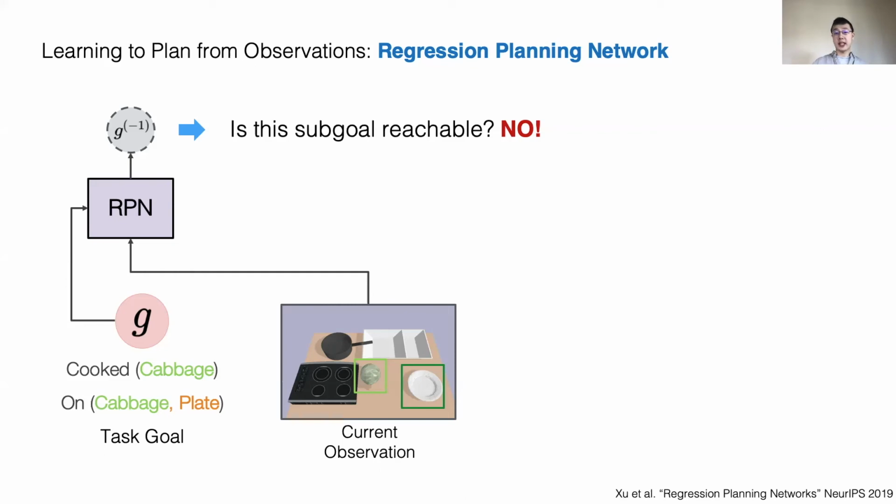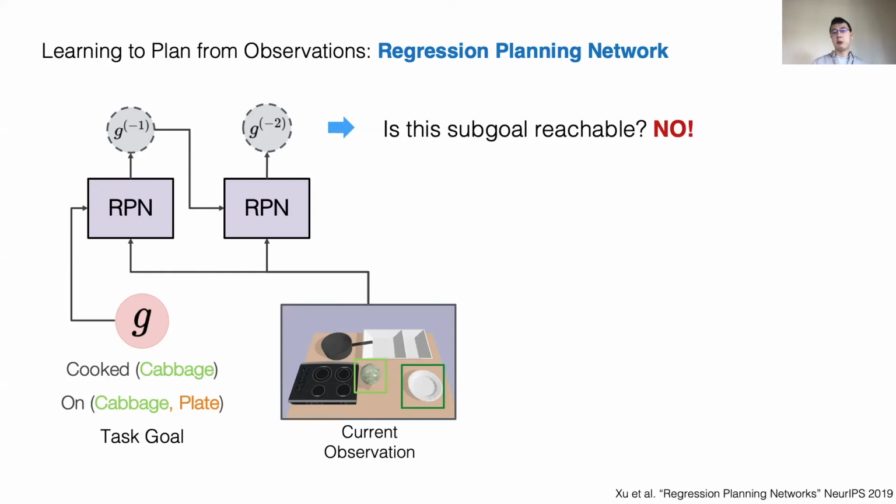The model first takes the final task goal and the current observation as input and predicts the sub-goals that have to be done in order to reach the final goal. We then use a reachability network to decide if the sub-goal is reachable. In this case, the reachability network says no, so that means we have to plan backward even further.